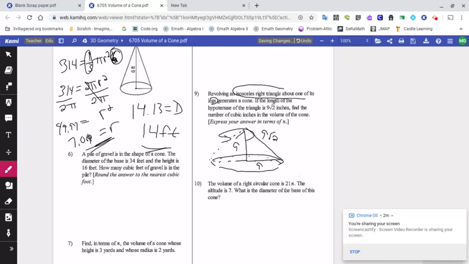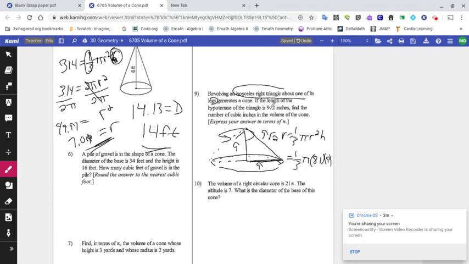Its radius is going to be 9 and its height is going to be 9. So now it's just a matter of using the volume formula. Volume equals 1/3 pi r squared h, which is 1/3 pi, and r squared is 81, that's 9 times 9, times the height, which is also 9.